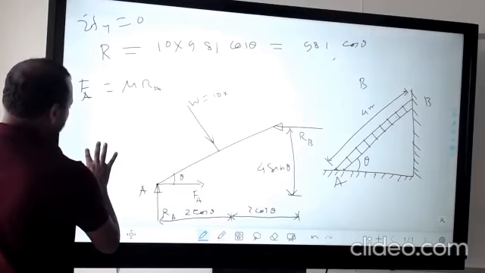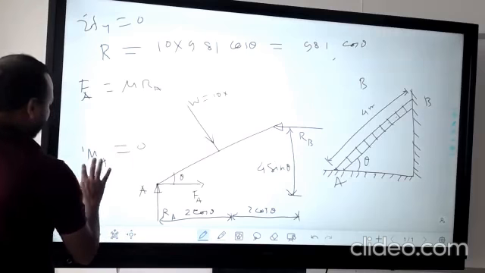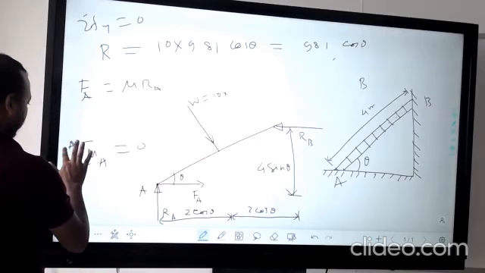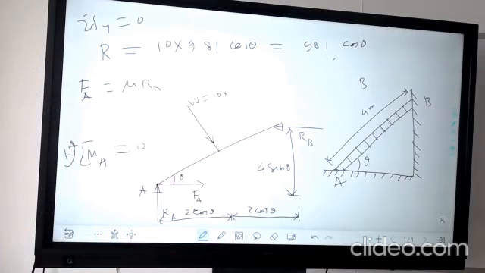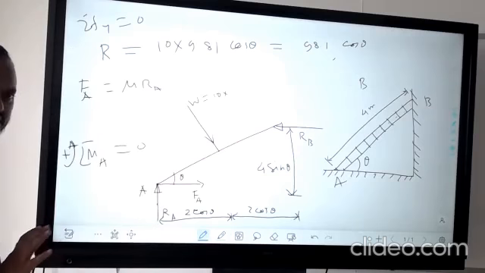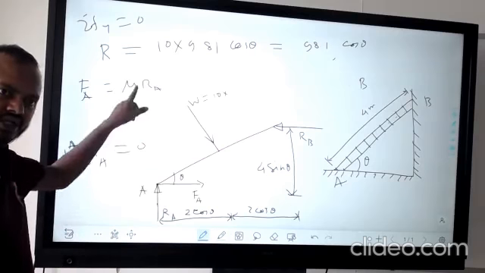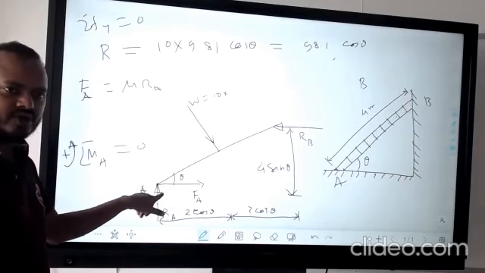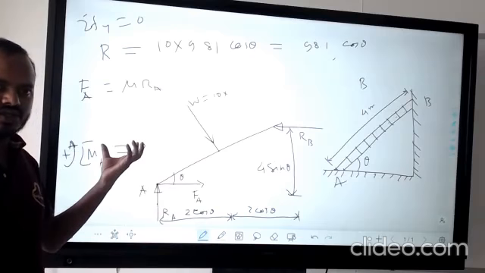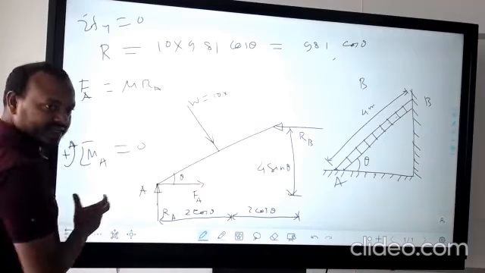So you can apply moment with respect to point A is equal to 0. Summation of moments, and mark anti-clockwise positive. So how many forces do we have? If you apply moment, this force we don't need to take. Consider RA acting through the point only. FA is also acting through the point only. Not required because distance is 0. Moment is equal to force into vertical distance.